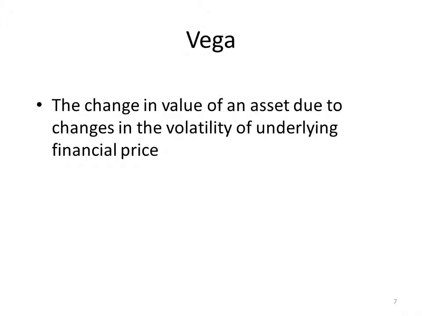Our next so-called Greek, vega, despite the fact that vega is not really a Greek symbol, is a measure of the change in value of an asset that is due to changes in the volatility of the underlying financial price.